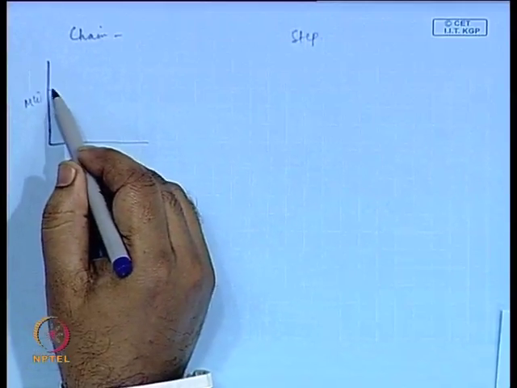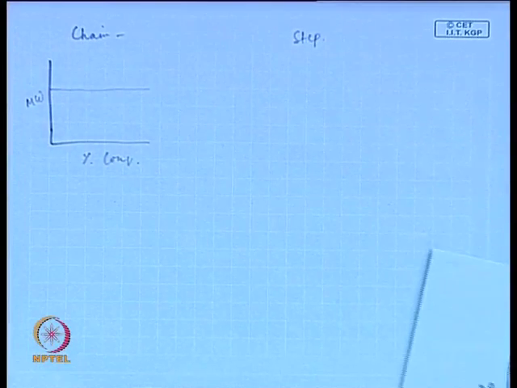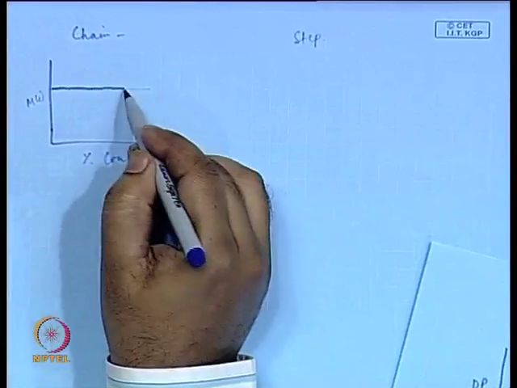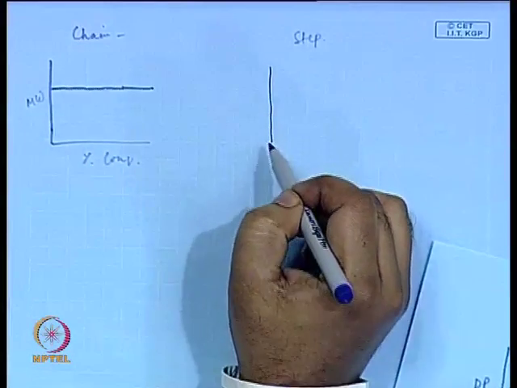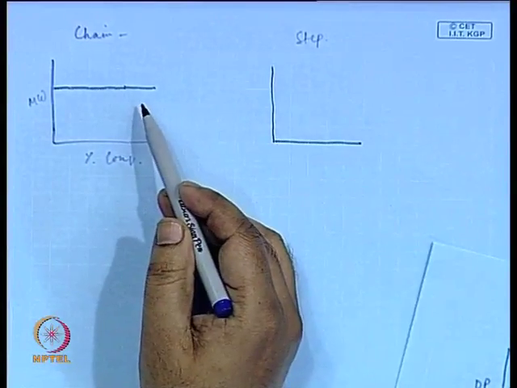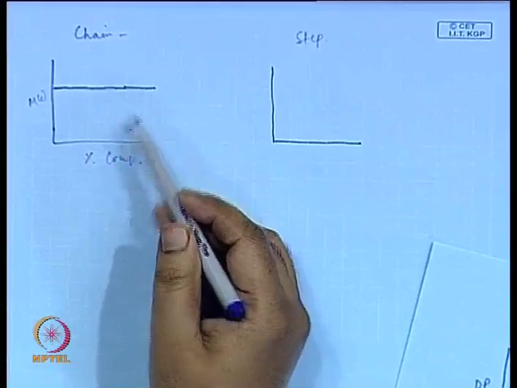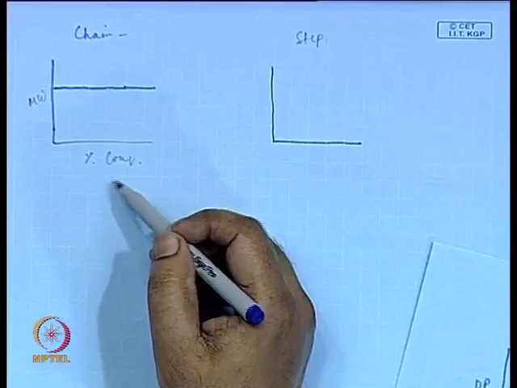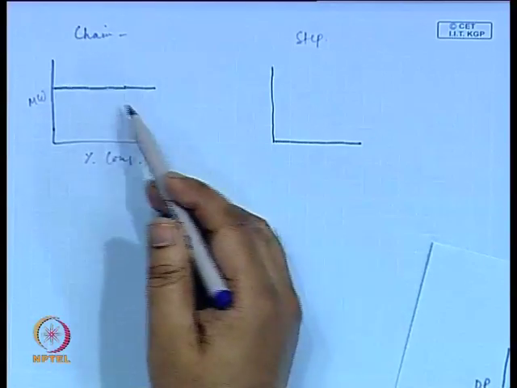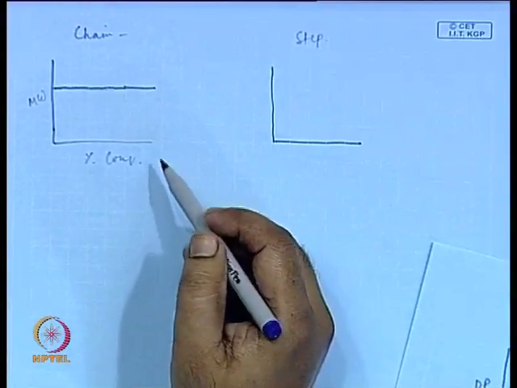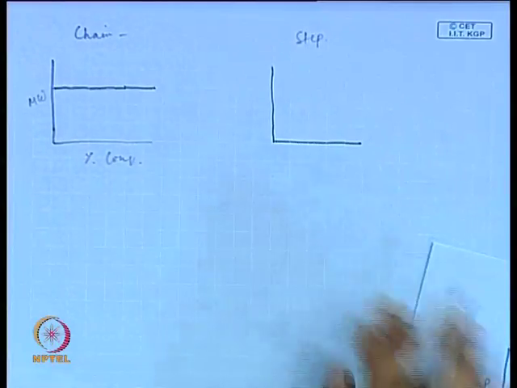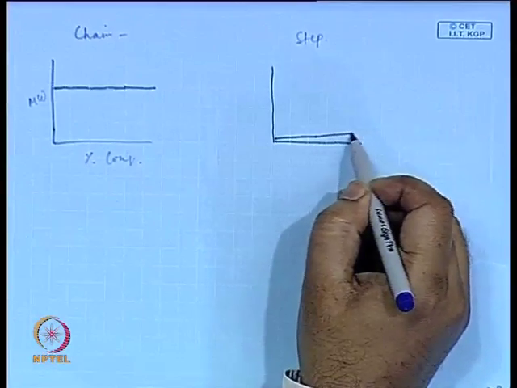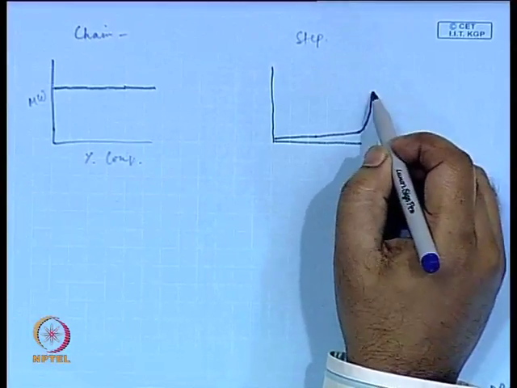In case of chain polymerization, you had a situation like this, where you can achieve the high molecular weight at the beginning, and as time goes, or as more and more monomer gets converted, you get more and more high molecular weight polymers with time. And in case of step polymerization, you get the high molecular weight only at very high conversion.